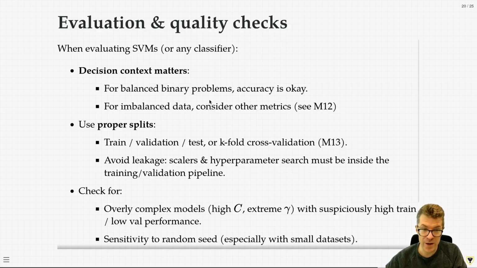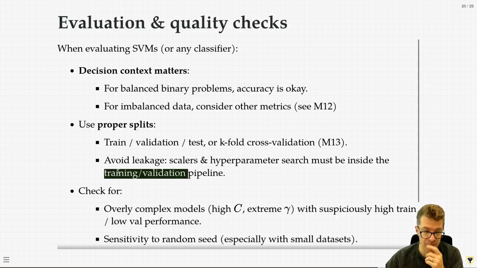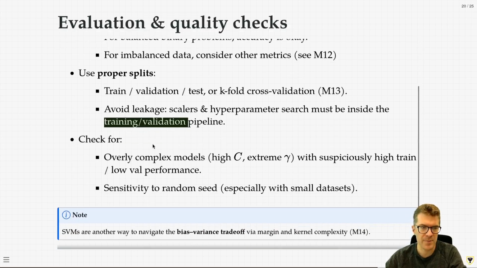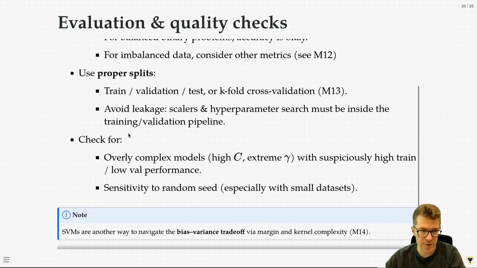Avoid leakage whenever possible. Scaling has to happen on the training data, so don't apply scalers using information from your test set. Hyperparameters also need to be within the training validation pipeline. The test set is totally sacrosanct and we're not going to touch it until we're actually doing evaluation. Always check for overly complex models.